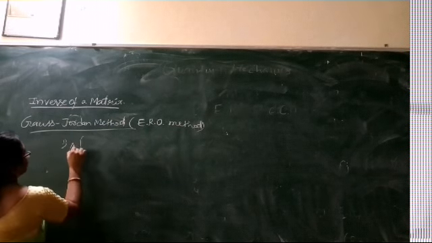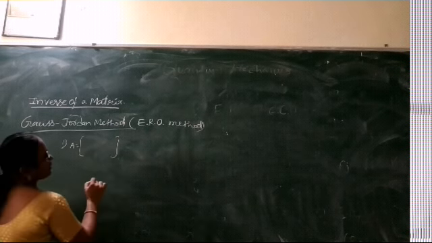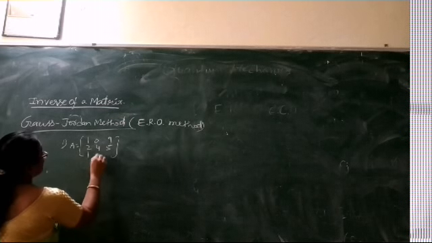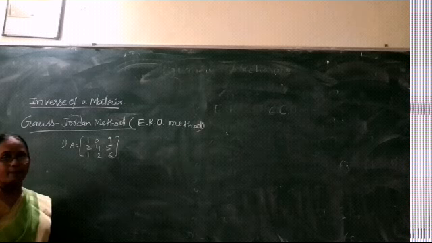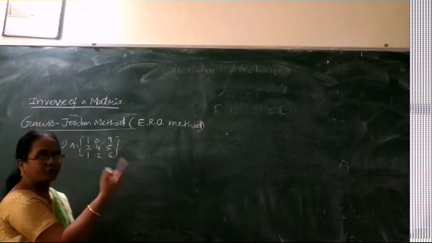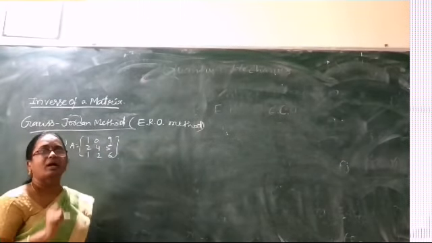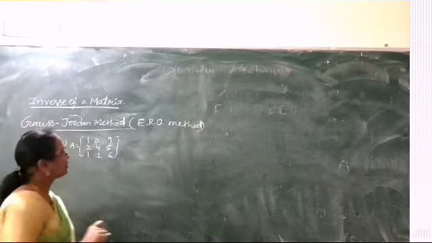Let us choose the matrix A. Suppose that the first row is 1, 0, 9, the second row is 2, 4, 5, and the third row is 1, 2, 6. For this matrix, let us apply the Gauss-Jordan method and find the inverse.